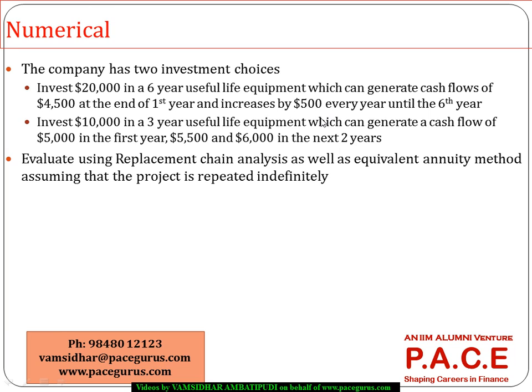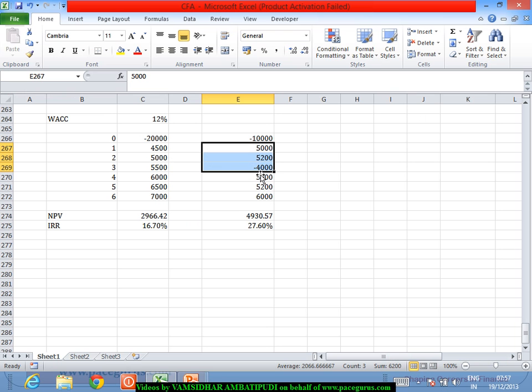Whereas the second method is called the equivalent annuity method. In the equivalent annuity method, I don't repeat the purchases like this.